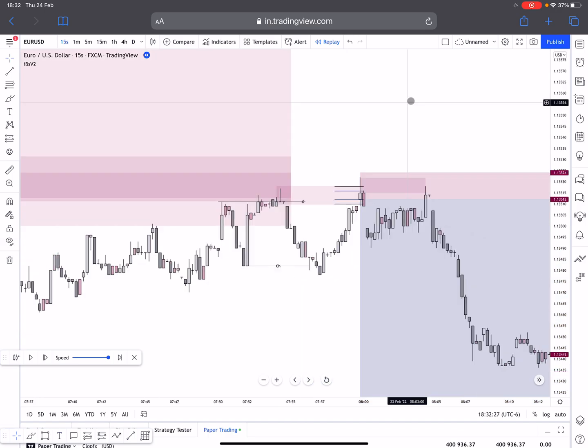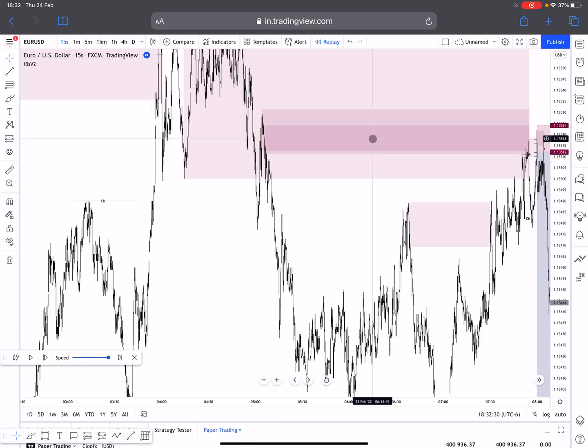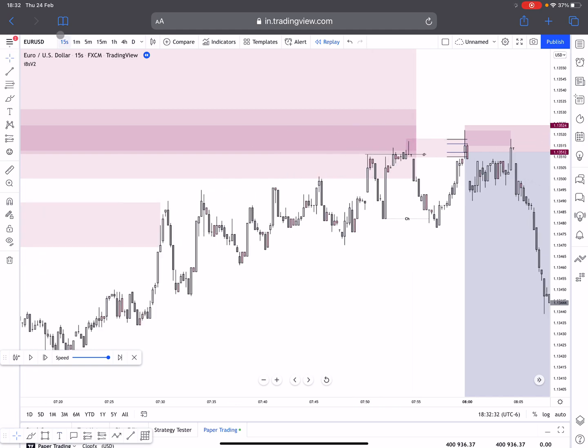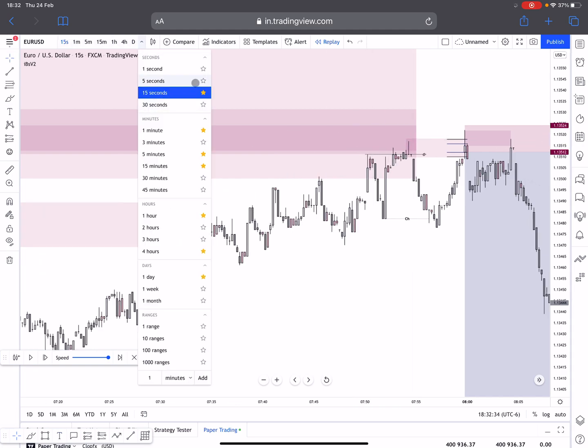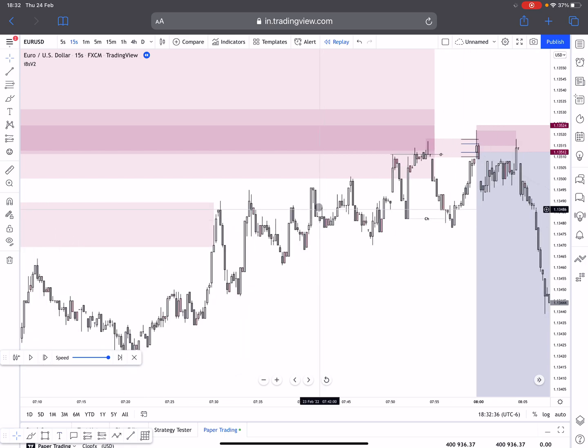It touched my 1 minute refine zone, so I will probably be searching for not even the 15 seconds, but the 5 second chalk.